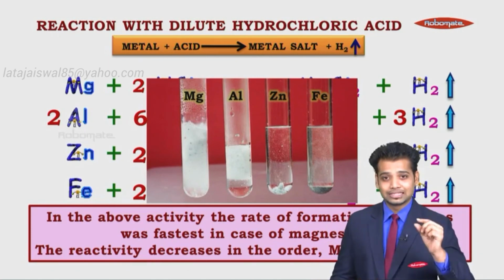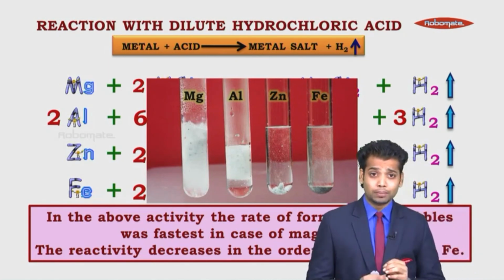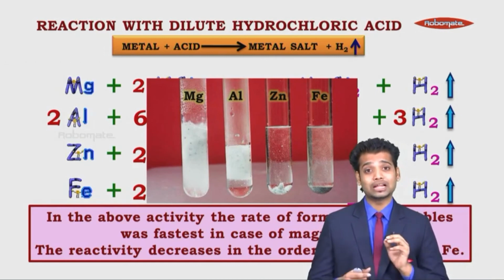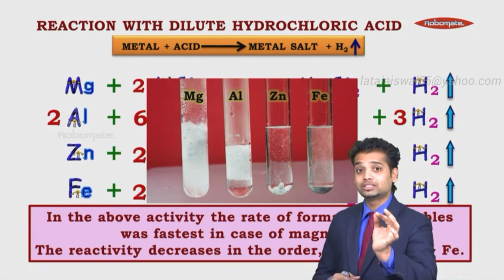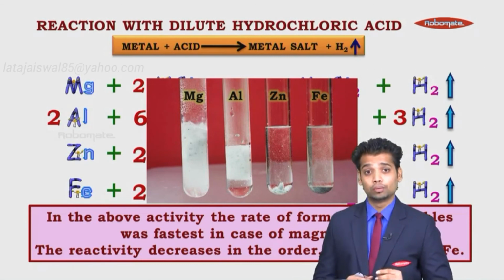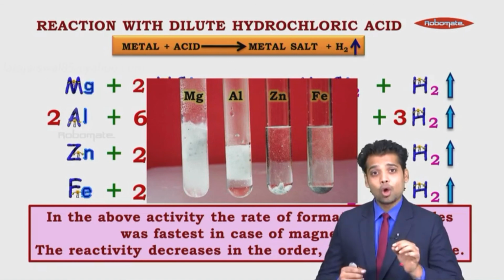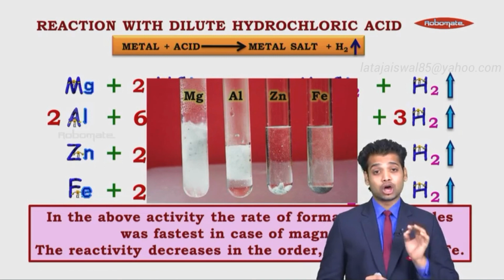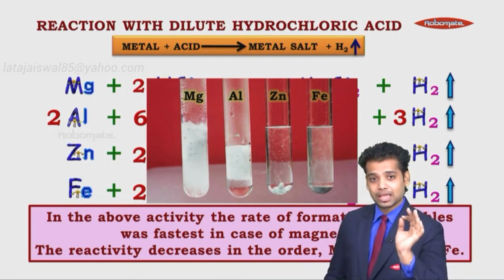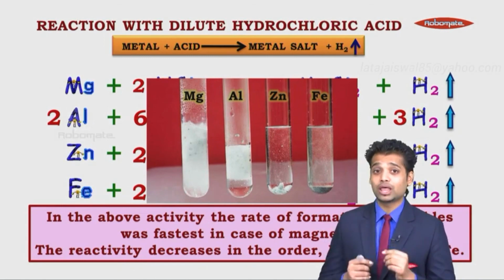Aluminium a little less, zinc a little less, iron a little less. In order to test these bubbles, we are just going to light a matchstick and place it above the test tube. It is going to go pop, and that pop sound is the sound made by hydrogen on burning. So how do you test hydrogen gas? By a pop sound. Thus, we've done reactions with hydrochloric acid.